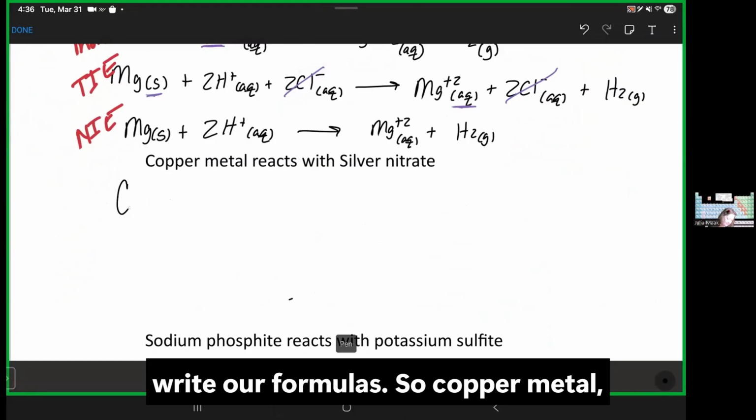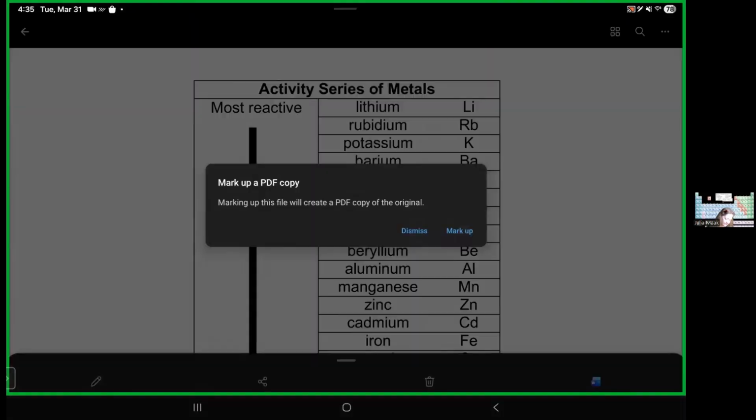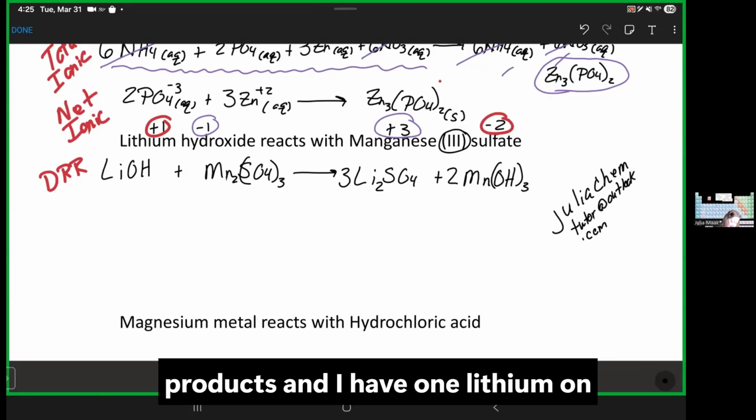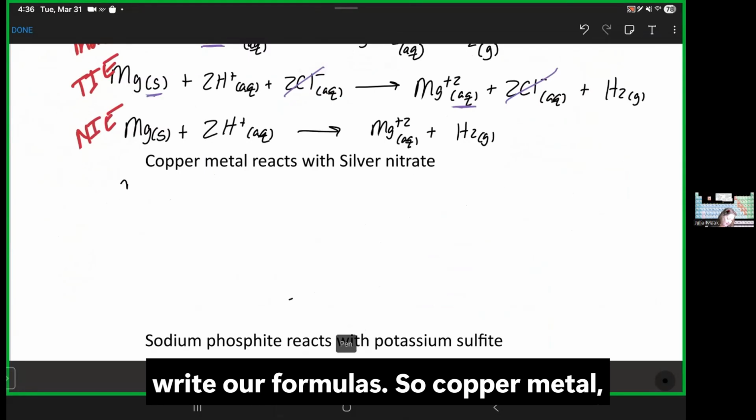So I get a copper +2. We had said that in a single replacement reaction, variable charge metals, you assume a +2. I have 2 nitrates on there, and I get 2 silver solids.